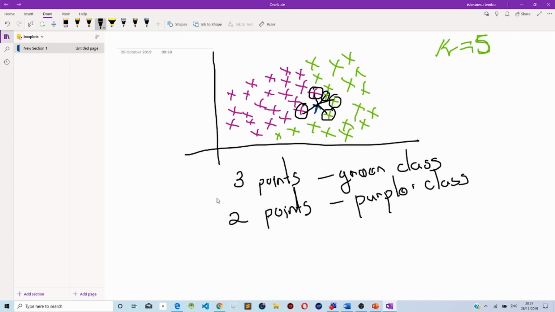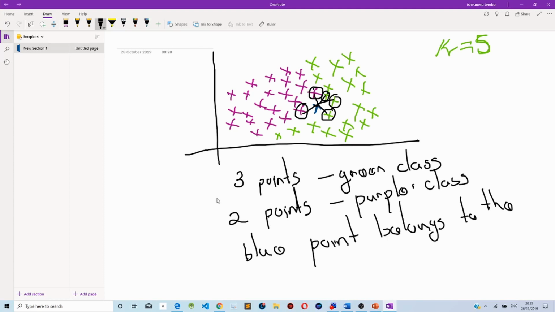The green class has more points as compared to the purple class. So our blue point belongs to the green class, since the green class has more neighbors: 3 neighbors as compared to 2 neighbors.